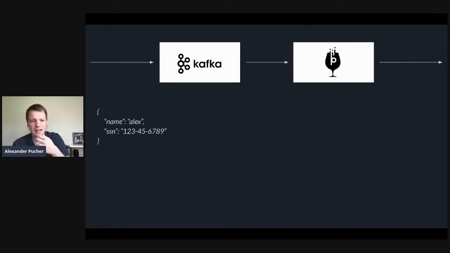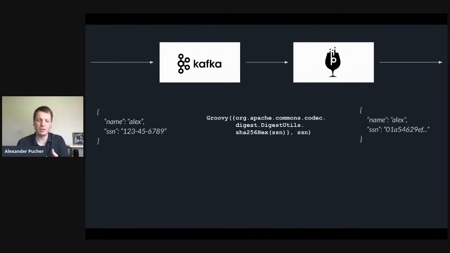I can take this data, and I already suggested, well, it should be possible to mask or at least transform this data. Right? So I could go ahead and, for example, obfuscate the first couple of digits, or simply go the full obfuscation way. And then, for example, apply one of these Groovy functions and just say, hey, just hash the SSN with SHA-256, and then write this data into Pinot.